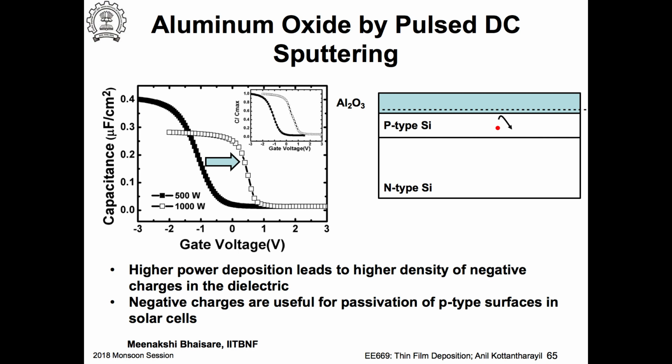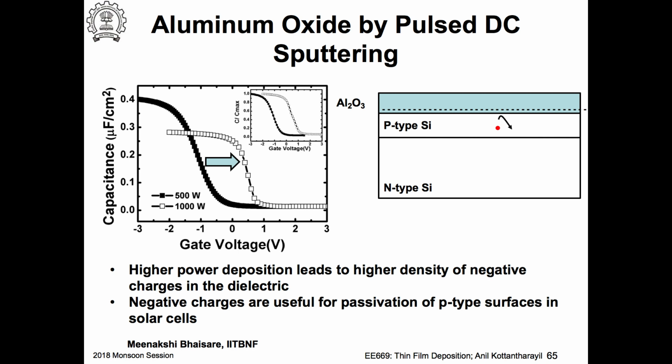It's kind of counterintuitive to the requirement in MOSFET technology. As you might have studied in the device physics course, the dielectric you deposit as a gate dielectric in a MOSFET should have low interface states, and the fixed charges in the dielectric should also be low.